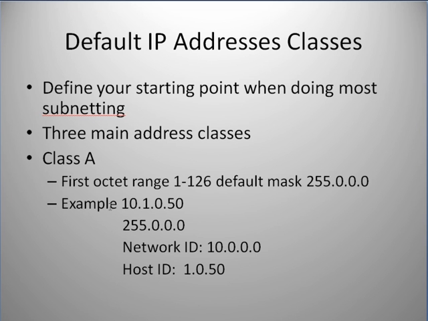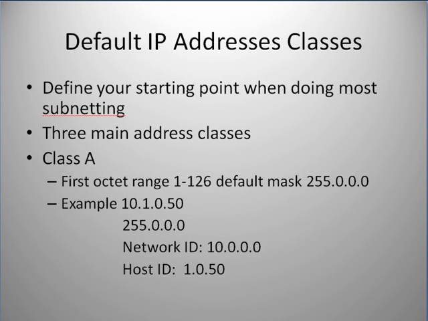So in this case, with an example IP address of 10.1.0.50 and subnet mask of 255.0.0.0, your network ID would be 10, because 10 is the only octet being covered by the subnet mask. The host ID would be 1.0.50. Now, a Class A address space gives you quite a few addresses, something like 12 million addresses per space, so you've got a lot to work with there.